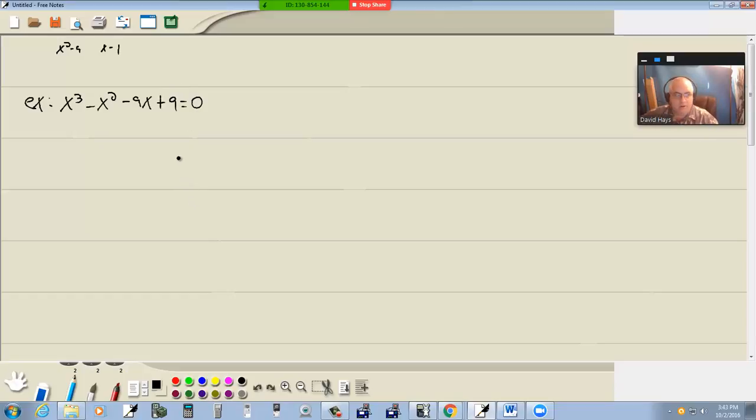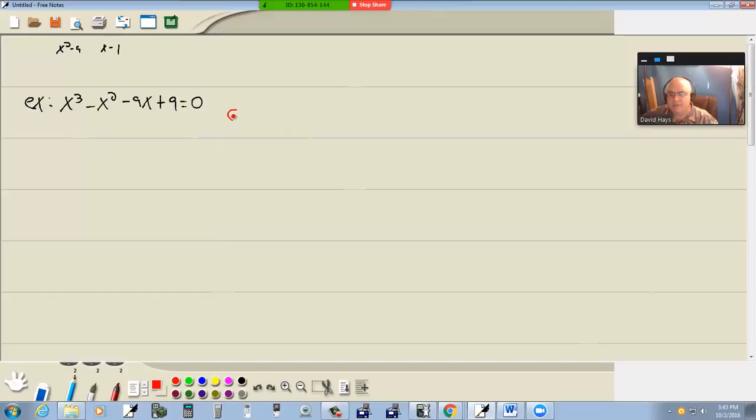Now this is a polynomial equation. We got 0 on this side, and then we got a polynomial over here. Now we're going to use the zero factor property to solve this, so there's nothing new here. Remember the zero factor property, you have to get 0 on one side, which we do. It's right here. We then want to factor the other side.